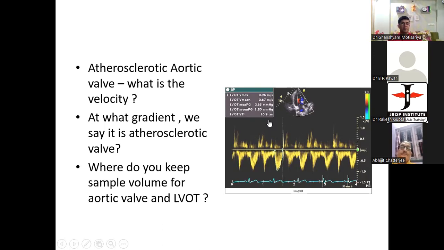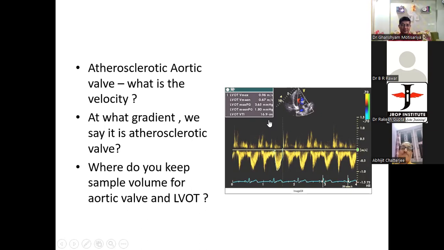Dr. Clay, the last question to you is, where do you keep sample volume for aortic valve? Do you keep it in India or do you keep it in Tanzania? No, see, sample volume you keep it under.